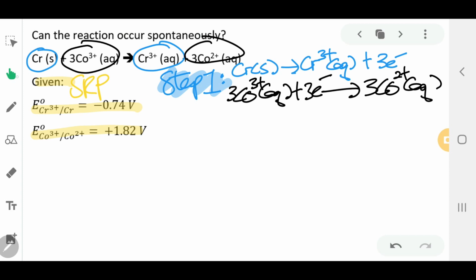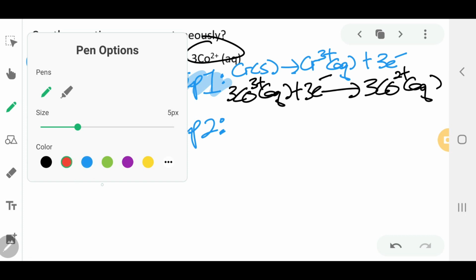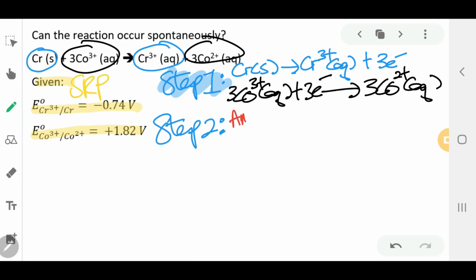Okay, and then when you look at both reactions, based on what you have in here, you have to identify which one is going to be the anode and cathode. Okay, so step 2. Which one is going to be the anode and which one is going to be the cathode?